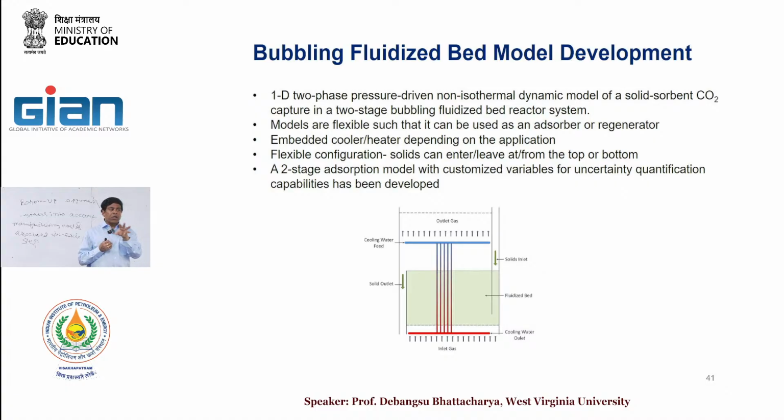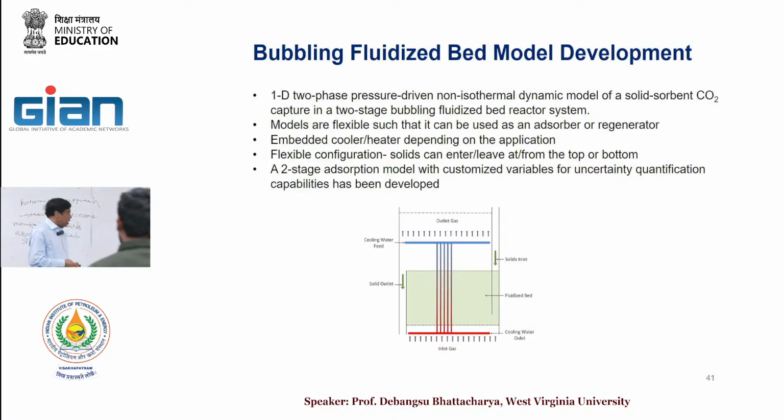Okay. This is the last one, the bubbling fluidized bed model. The advantage of bubbling beds is excellent heat transfer. So if your problem is a temperature rise immediately after the bed enters the system, then bubbling fluidized beds actually help you.